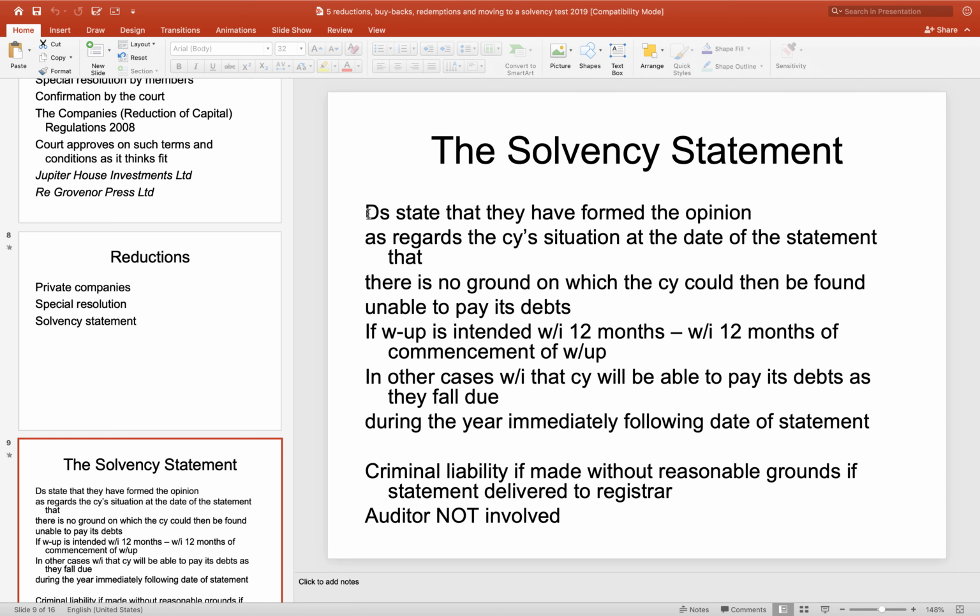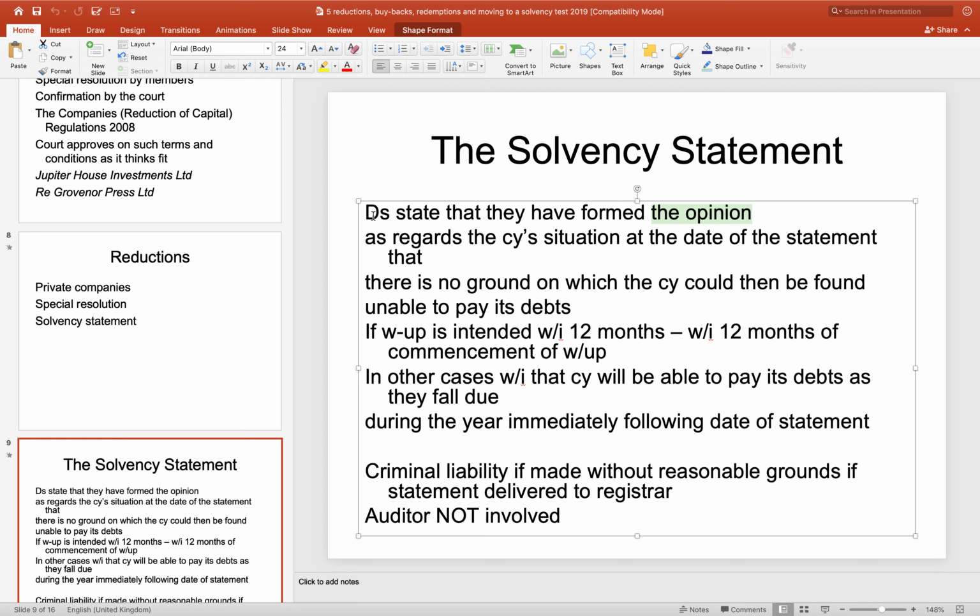Currently, we use the distribution rules in section 830, and we have capital as part of that. And this would be working out using another test for giving priority to creditors. And that puts the directors at the center of the stage, and the directors have to form an opinion to determine whether the distribution compromises the ability of the company to pay its debt.